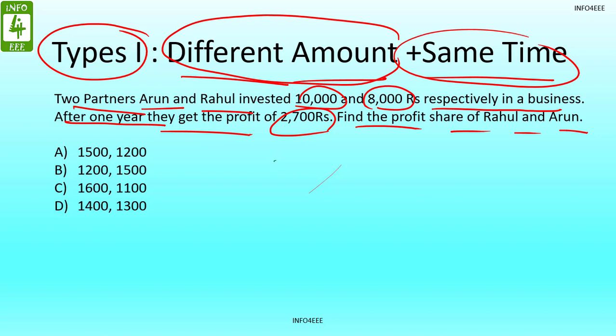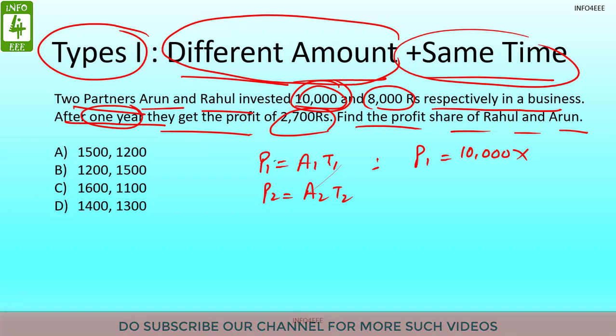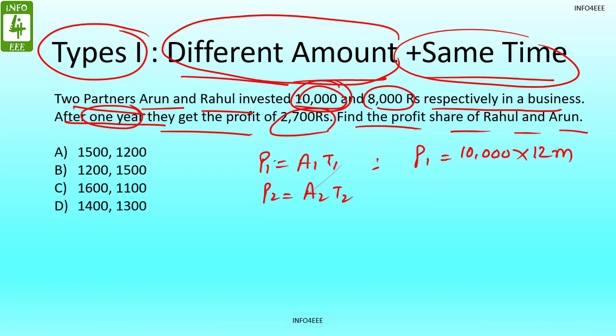Same time means they invested for the whole 1 year, right? So you know the profit P1 is equal to A1 T1 and profit P2 is equal to A2 T2, right? So P1 will be what? The invested amount is 10,000 and time is 1 year, let's say 12 months. And P2 is equal to amount invested is 8,000 and the time stayed in the business is again 12 months.